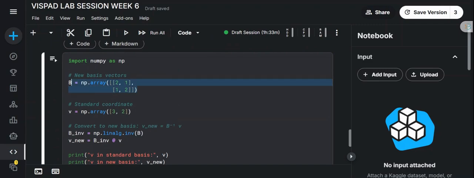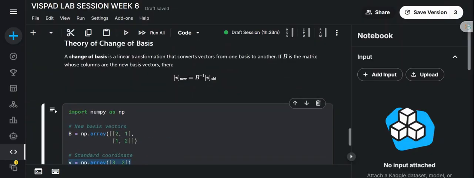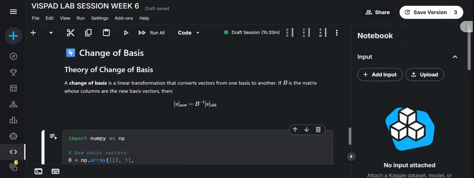So these are your new basis vectors B, and this is a standard coordinate. So simply the relevance of change of basis over here is that if you have a certain set of vectors that existed previously in a particular vector space that was spanned by a certain set of basis vectors, changing those bases means that those vectors are going to change, or they'll have images in the new vector space.